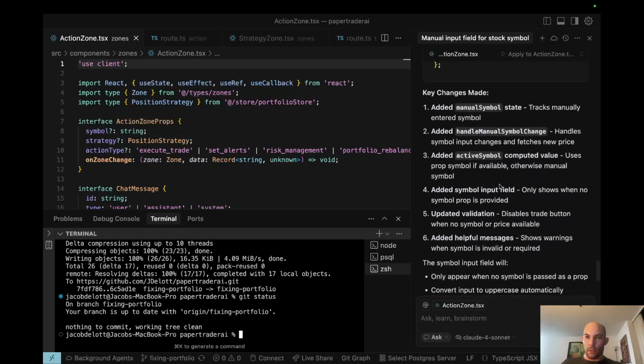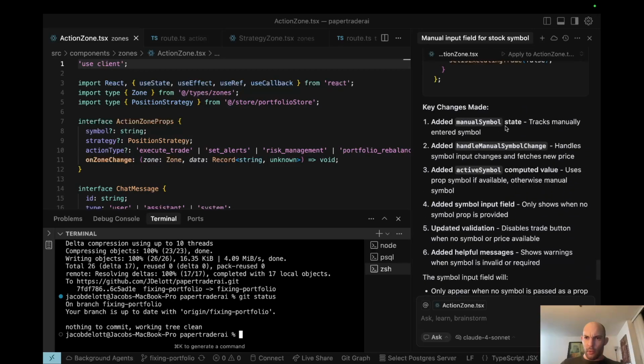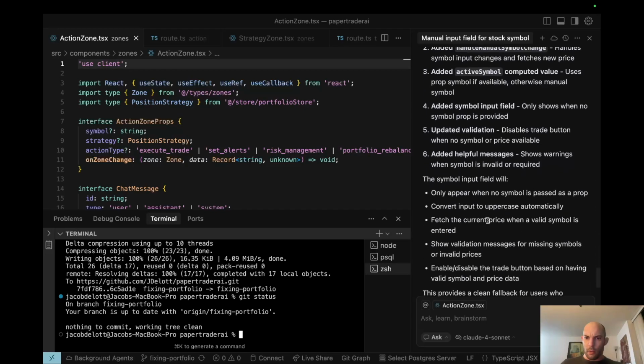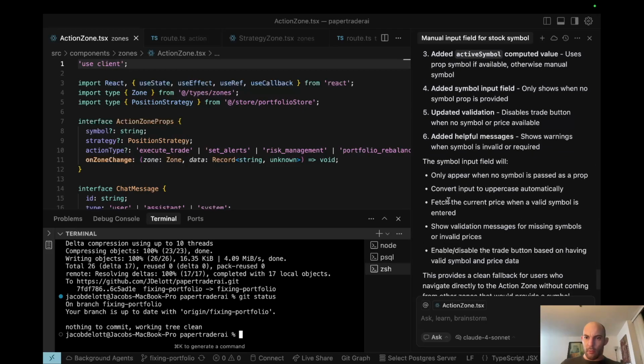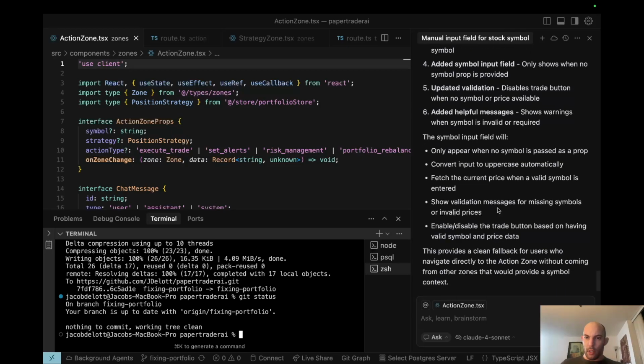Okay, let's see what we get. Added manual symbol state, tracks manually. Only appear when no symbol is passed as a prop. Convert input to uppercase. Okay. That's current price. Yeah, we had that.